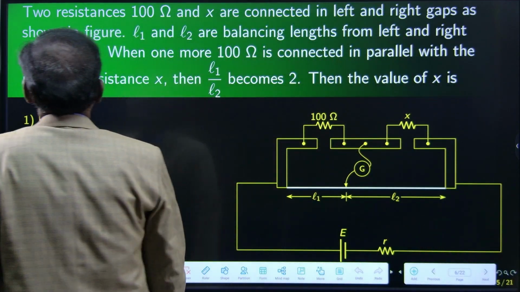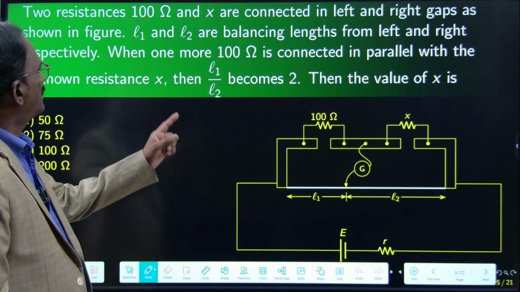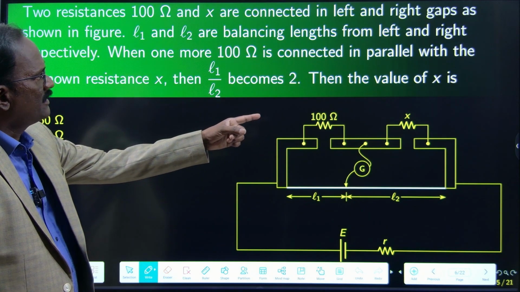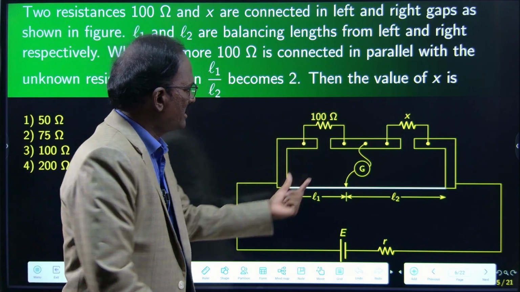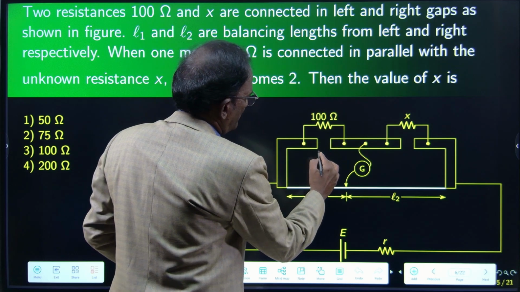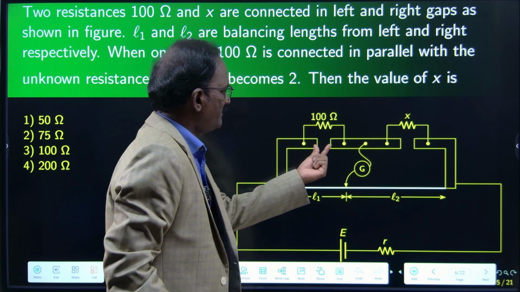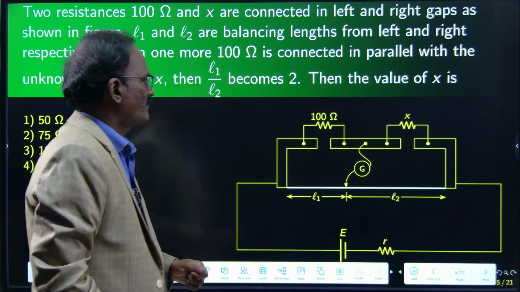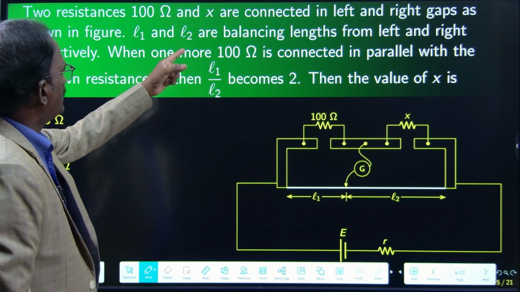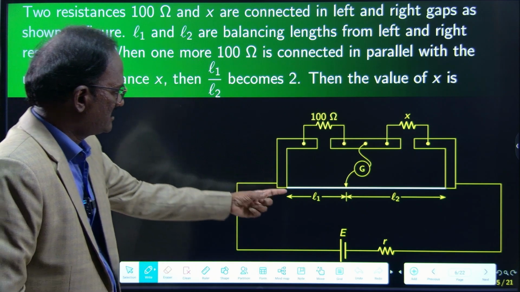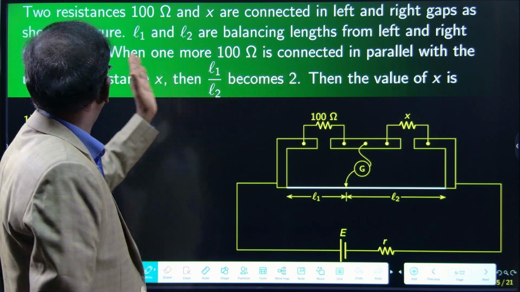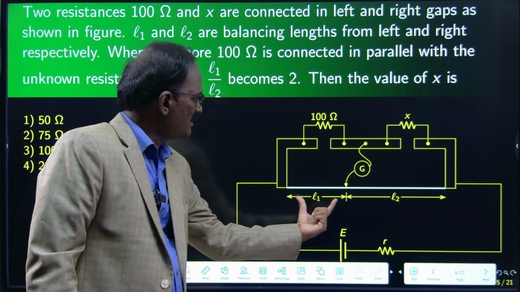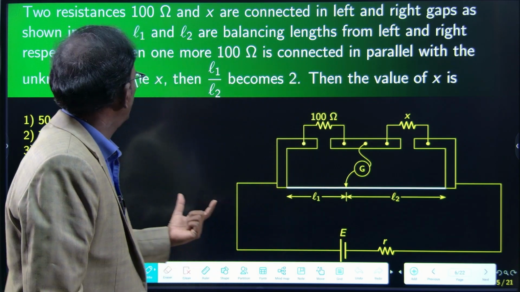Then this problem. Two resistances, 100 ohms and X ohms, are connected in the left and right gaps. This is one gap, and this is the other gap, left gap and right gap. L1 and L2 are balancing lengths from the left and right respectively: L1 the left length, L2 the right length.